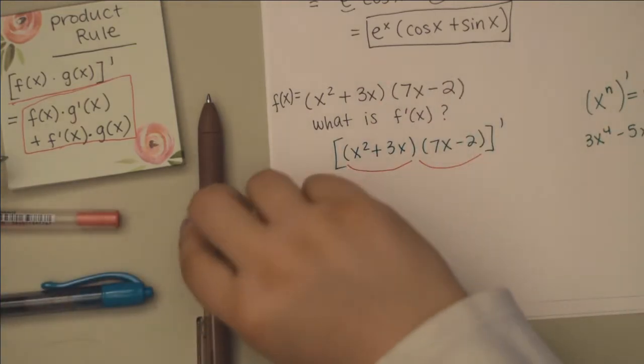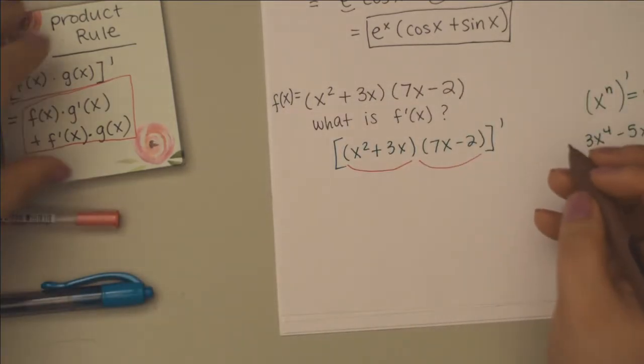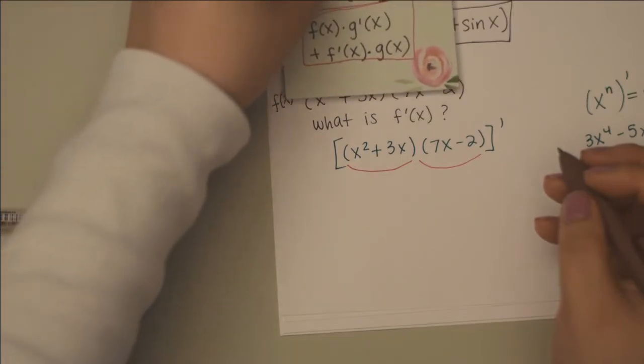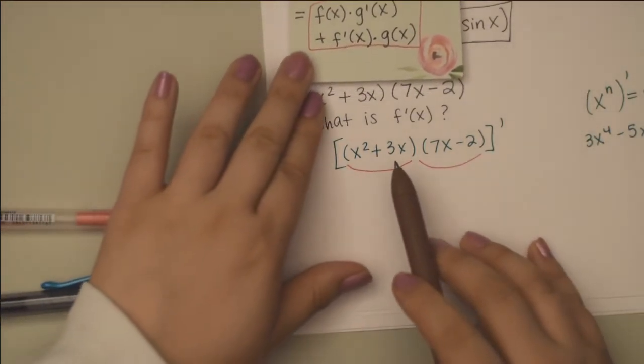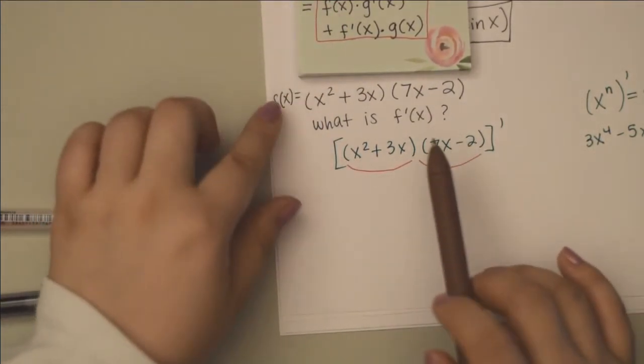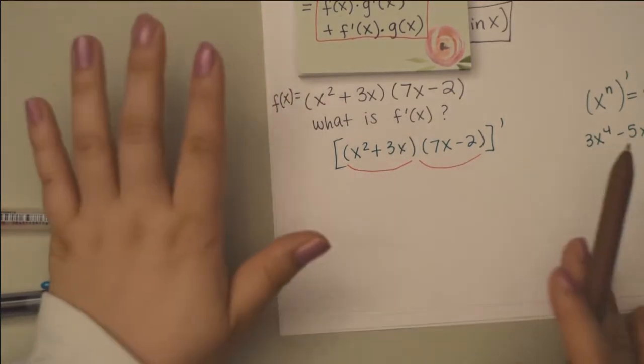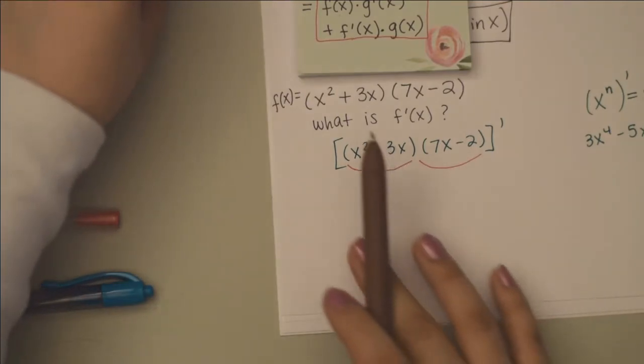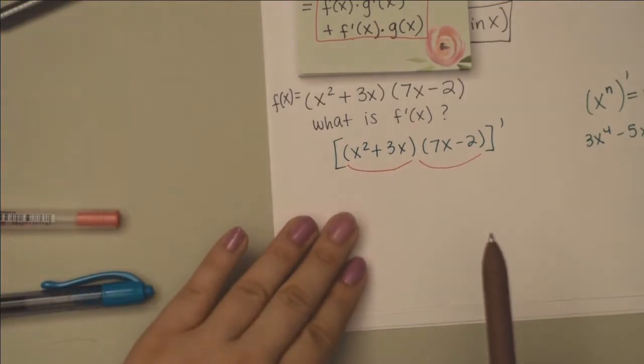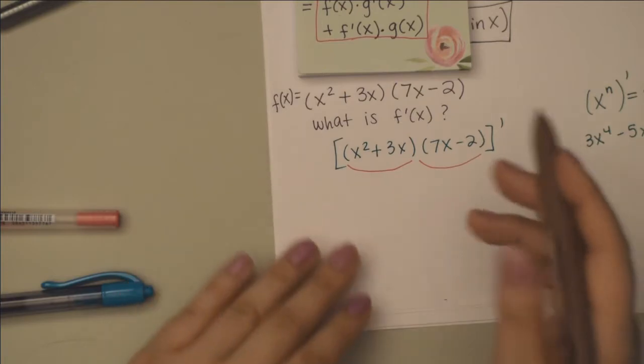So now let's just apply the rule. In this case I'm not going to write f and g anymore because that's going to get confusing with the way the question is worded, but sometimes teachers write this, so I wanted to point it out. We're going to focus on the concept.